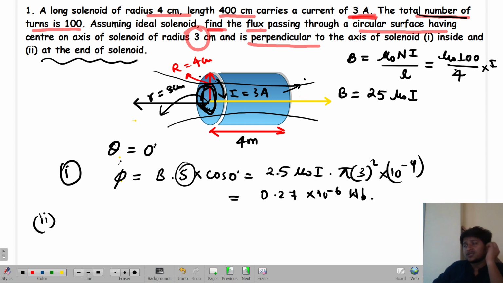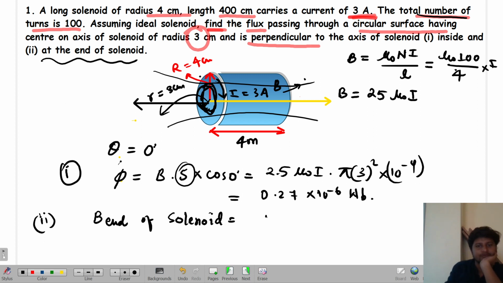You guys gave this test just now. Then if you have magnetic field B inside the solenoid, at the end it is half of it. It is equal to half mu naught N I by L. So therefore, the phi at the end is going to be half of this phi.